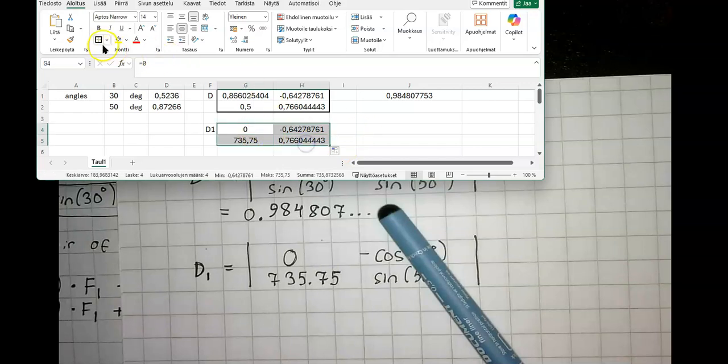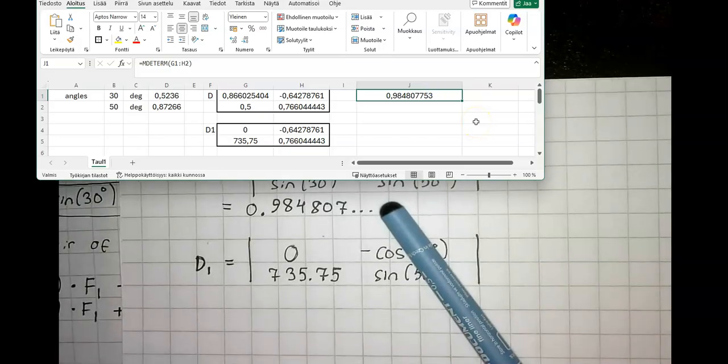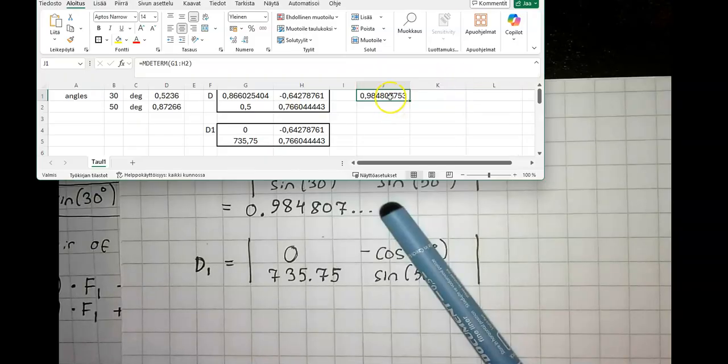So here I have a second determinant, and to get the value of this determinant, I don't need to write any new formulas. I can only copy this MDETERM here. I press Control C, I copy that, and I press Control V, I paste that there.